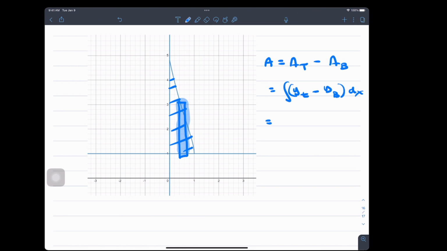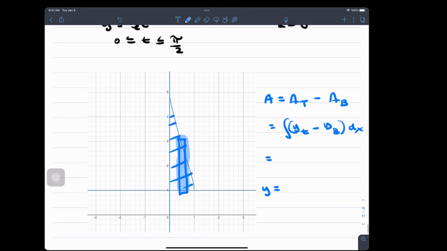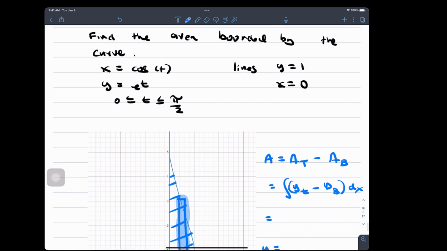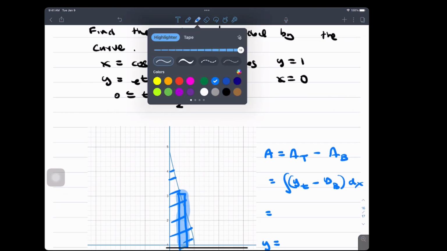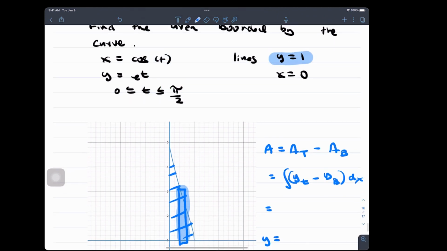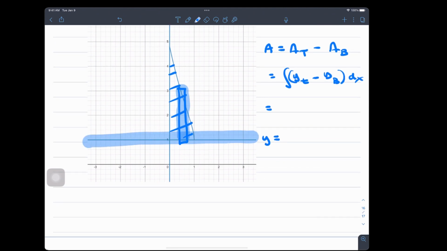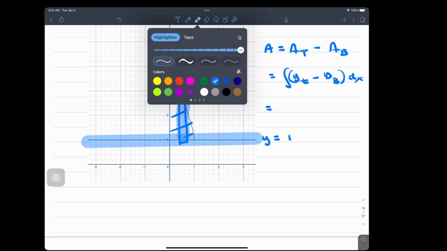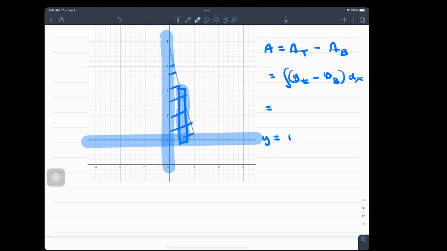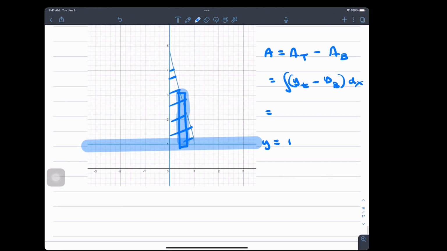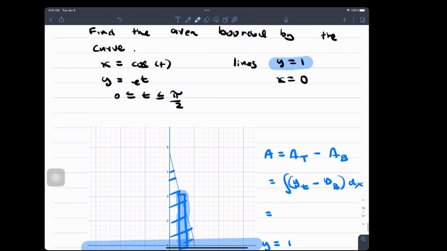So far, it's just Calculus 1. The bottom curve is y equals 1. This is that horizontal line right here. So y is 1 on the bottom there. X is 0 is another way of saying this is your y-axis. That's why you have that. So what's the y on the top curve?